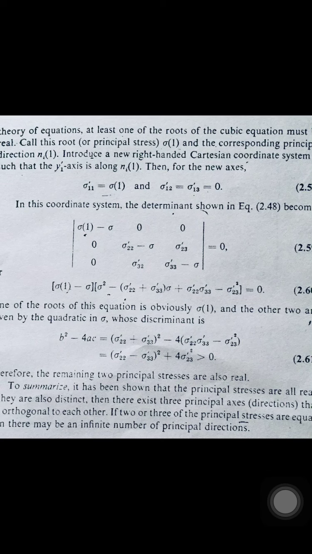When solving this we get one common factor, sigma 1 minus sigma, outside, and the remaining quadratic factor inside. As we already assumed sigma 1 is a real root, for the remaining two roots we need the solution of the quadratic equation.